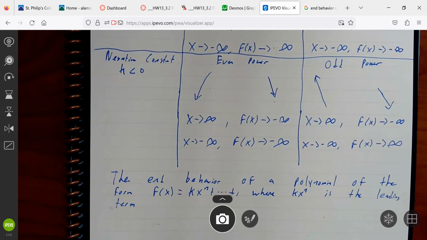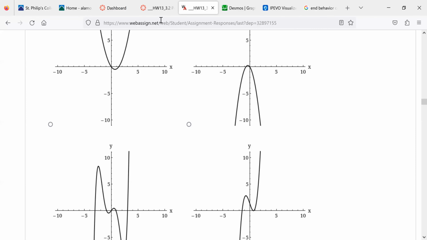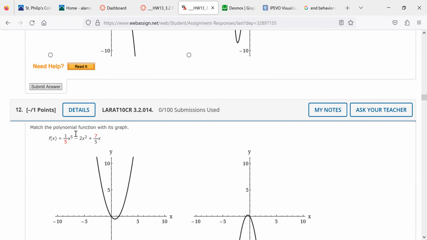All right, so knowing that, now we can kind of pick out the questions a little easier. You agree that the leading term is 1/5 x to the fifth.